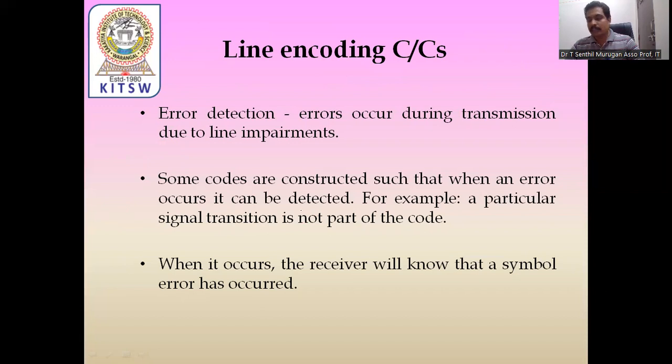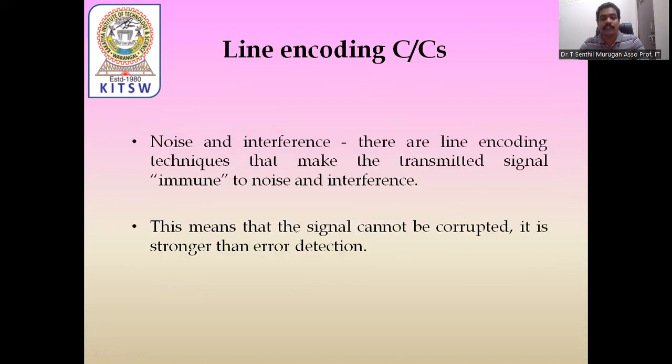So that is the error detection method. When it occurs, the receiver will know that a symbol error has occurred. For example, if it is sending some signals and the values are misinterpreted, the receiver will understand that some errors happened due to interference.